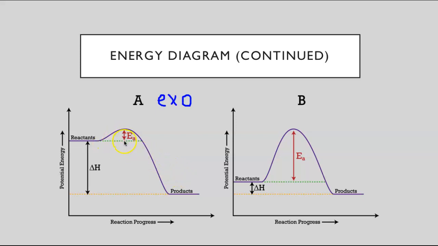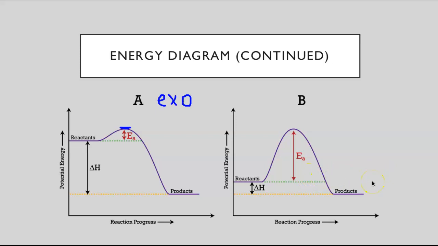The activation energy, though, is still the distance from the reactants to the top of that energy peak. Now, this is still an exothermic reaction. Again, we have activation energy. This is just a reaction that takes more activation energy.